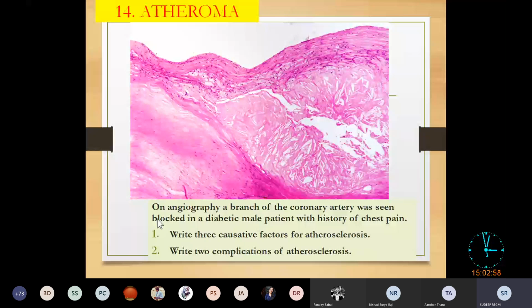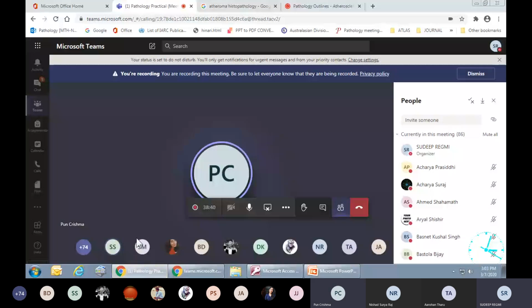Now someone please tell the non-modifiable risk factors. Increasing age, genetics, gender, family heredity. That is genetics.